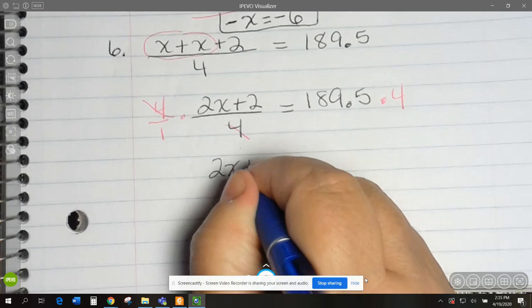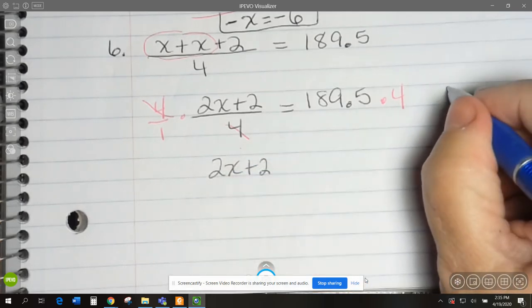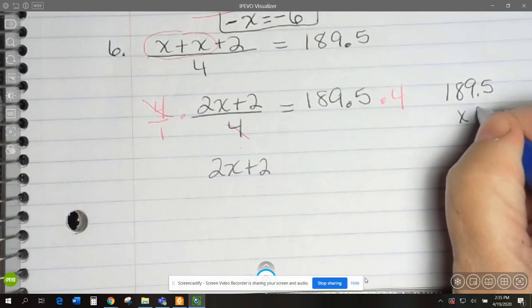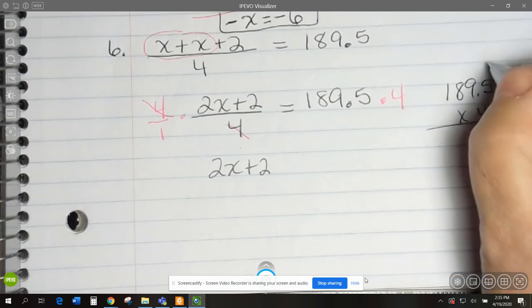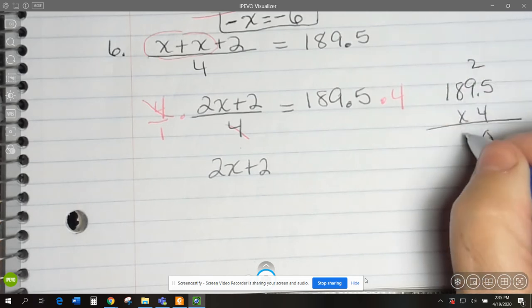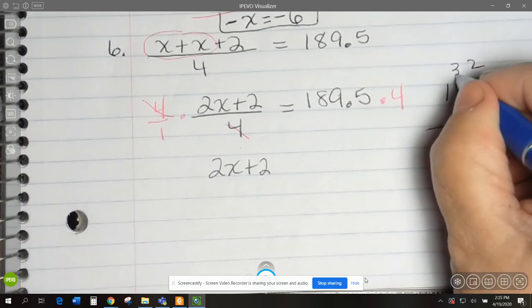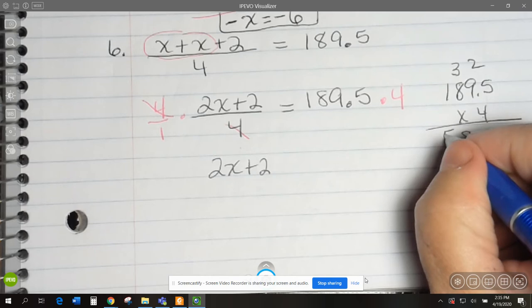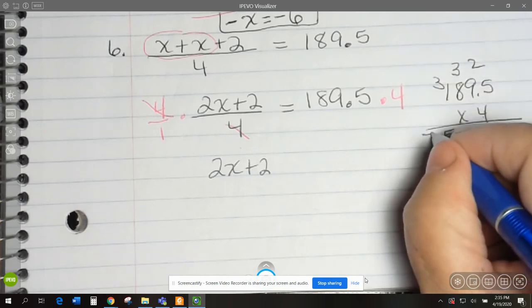and you're going to get 2x plus 2 equals 189.5 times 4. Let's do this. That's 20. 36 and 2 is 38. 32, 3 are 35. Carry the 3, 7.